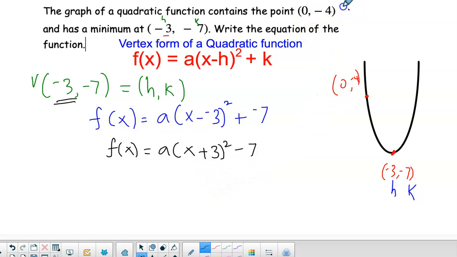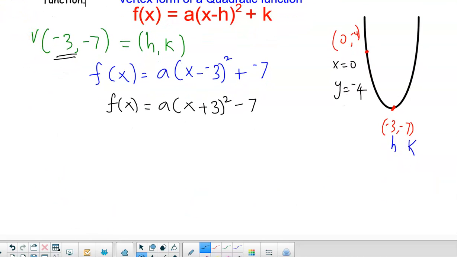Then I'll take the second information. What is my other information? By taking x equal to 0, the value of y became -4, right? So let us do that. I'll substitute 0 for x. That is f(0) = a(0 + 3)^2 - 7, and the result is -4.